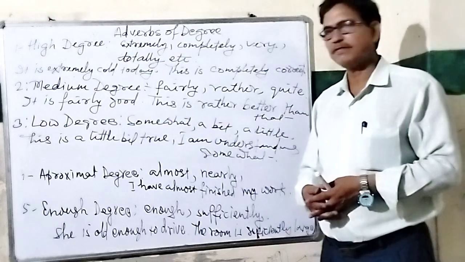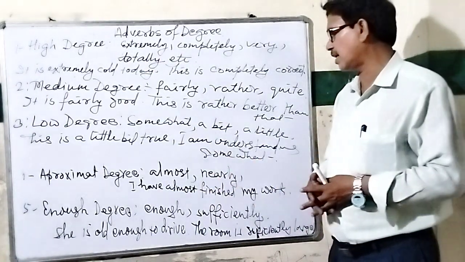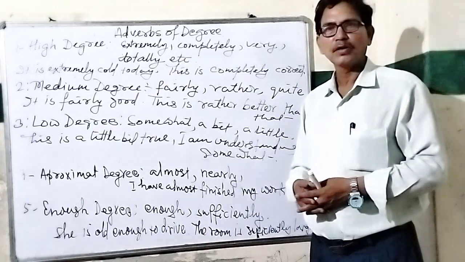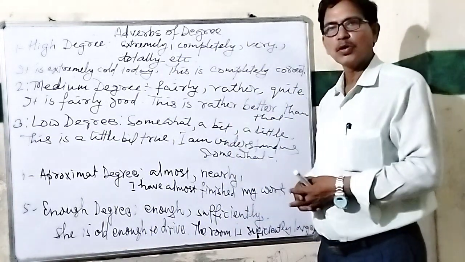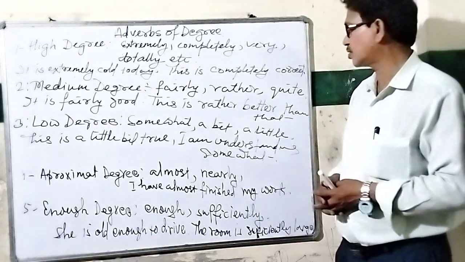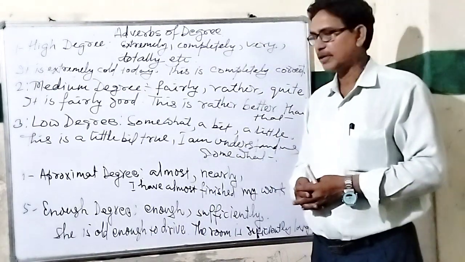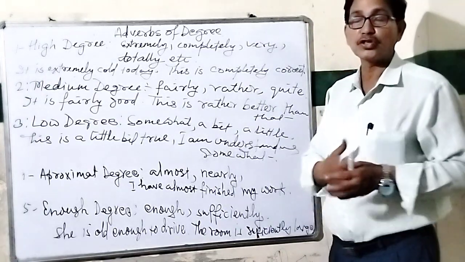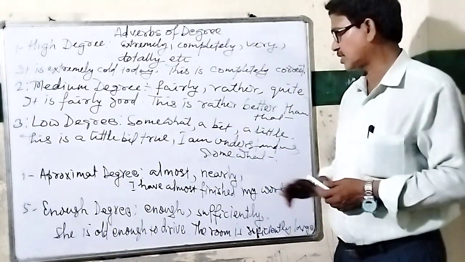Enough degree, I have kept a few words in enough degree. For example, enough, sufficiently. She is old enough to drive. So old enough, this is giving a negative degree. She is strong enough to run. This is correct.